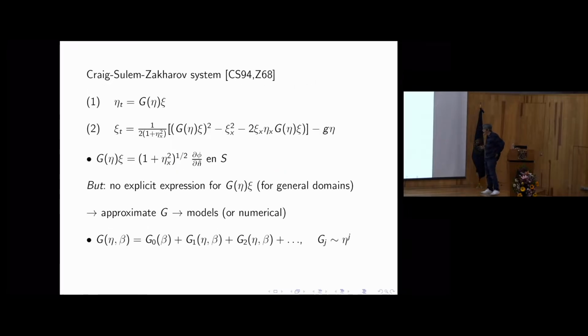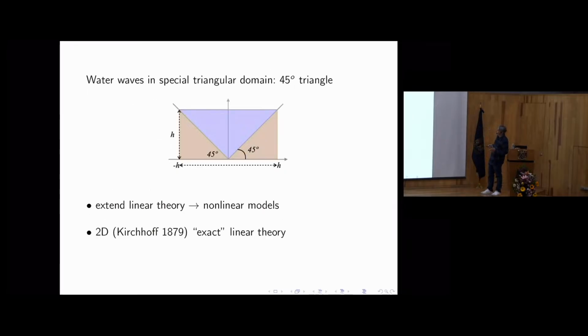Now, we're influenced by these ideas, but we want to do something in a different geometry where we have some boundaries. So the fluid domain is not infinite. Here I'm showing an example where the fluid is at rest, with zero velocity and a flat surface, and occupies an isosceles triangle with 45-degree angles.